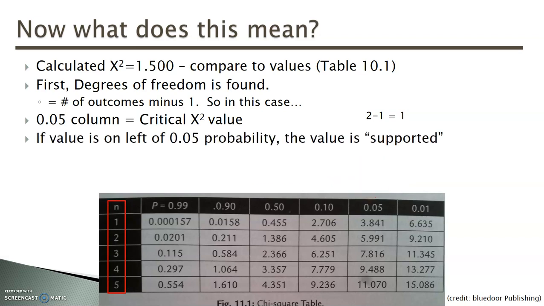And if we are to the right of this or larger than this number, then we will reject our hypothesis. So our critical chi-square value will be found in the 0.05 column. If we are higher than that value that's there, we will reject it. If we are lower than that number, then we will support it.